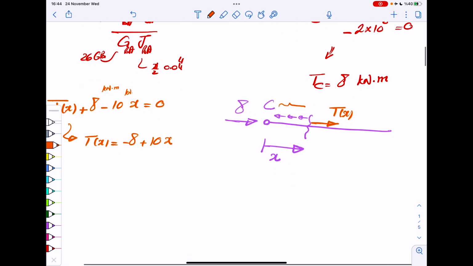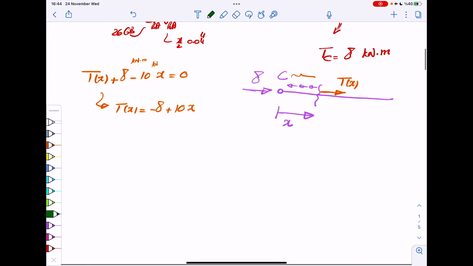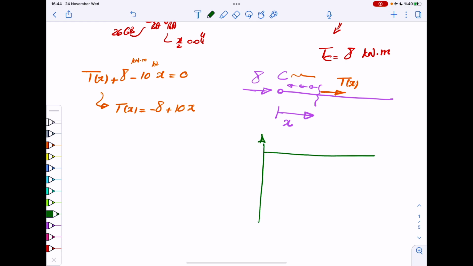Now, to make it more clear, we can always draw our distribution of torque in the system, and I strongly recommend you do that. So let's say this is T, and it's internal, by the way.